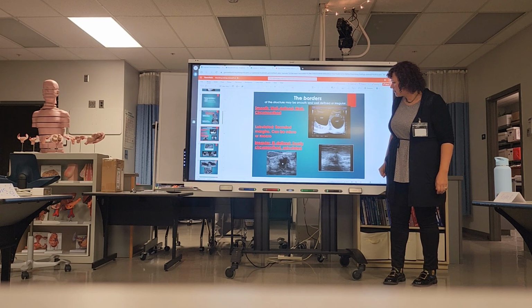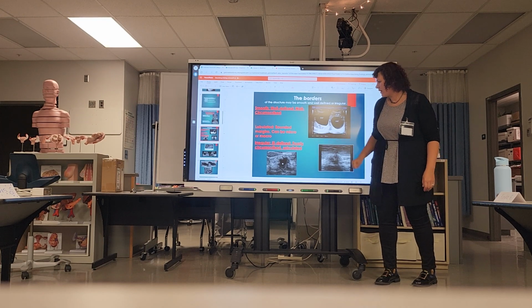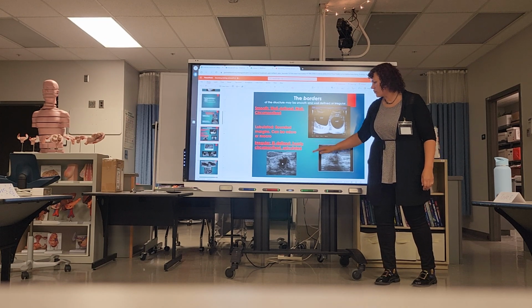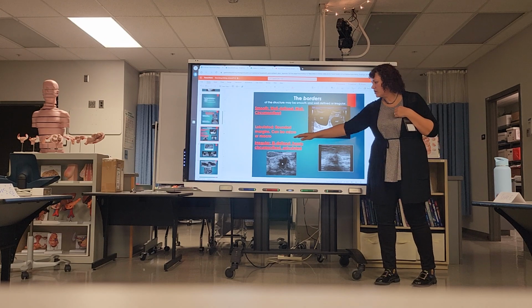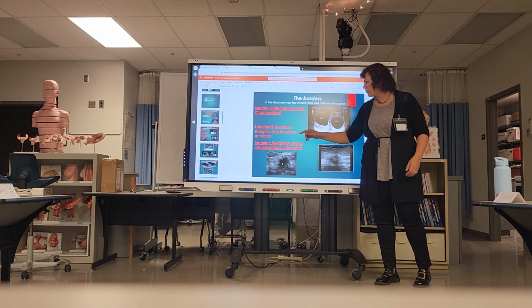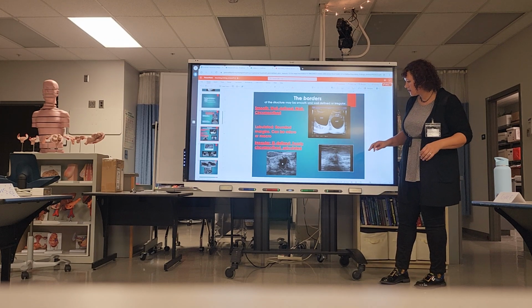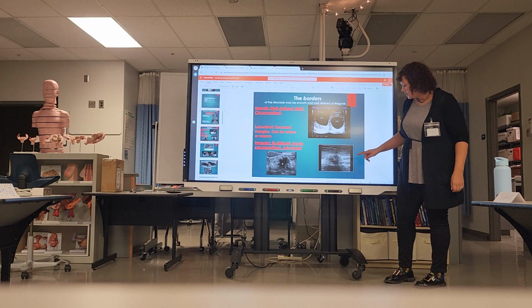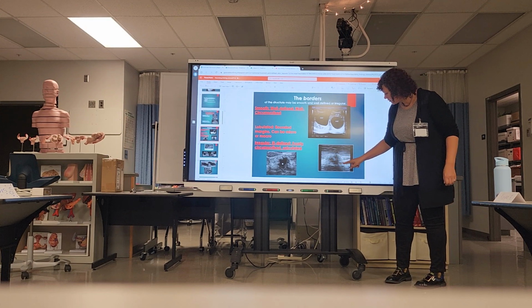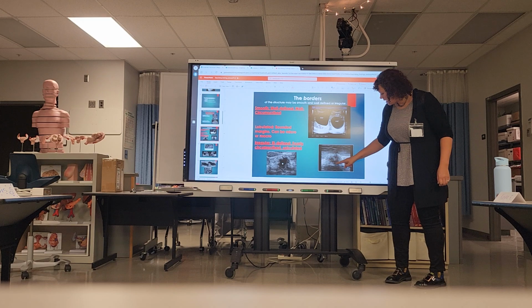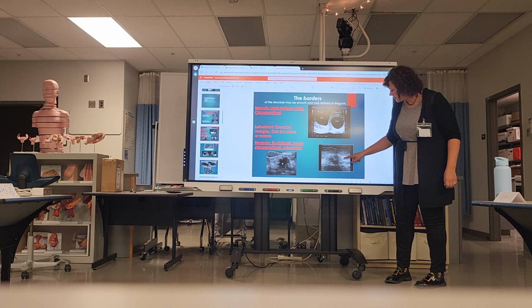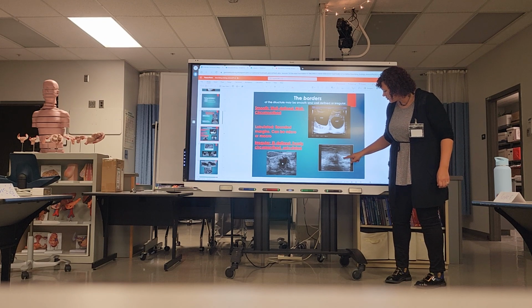On the other hand, you have something irregular, or ill-defined, or poorly circumscribed. These are all words that are interchangeable. Spiculated is something else I'll talk about in a second. Do you see this mass right here? It's really hard to see where the mass ends and the soft tissue begins.